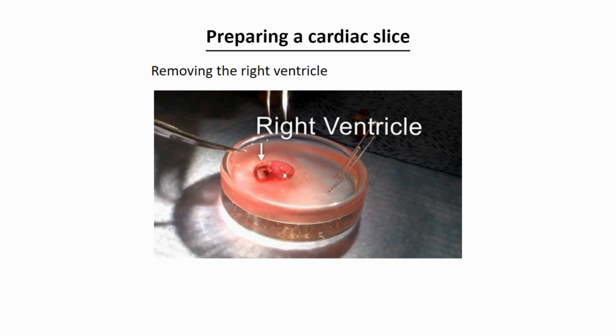Next, we would like to demonstrate how to prepare a cardiac slice from a rat heart. The first step will be the removal of the right ventricle. And you see in this still image right here, the base of the heart after having removed the atria and the valves. So we're looking right at the base of the heart.